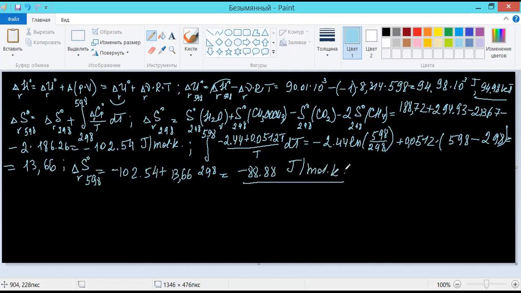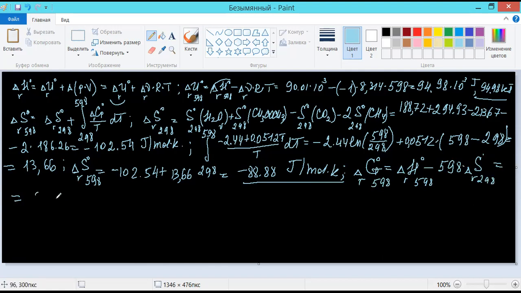Now, as for the change in Gibbs energy, we can write that it equals this term minus 598 times the change in entropy of the reaction at the same temperature. So let's plug in the values we have already calculated.